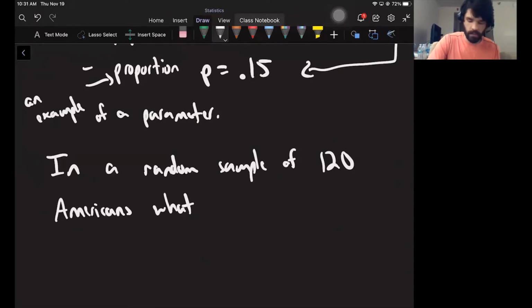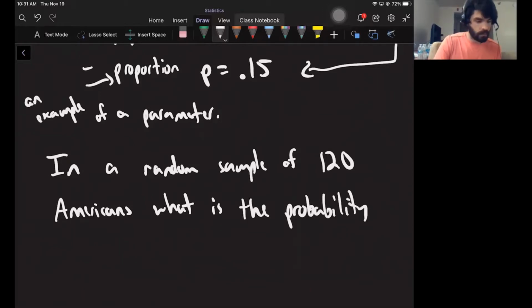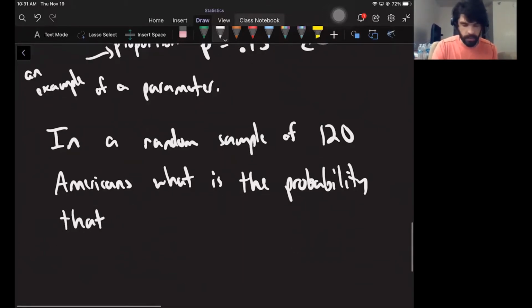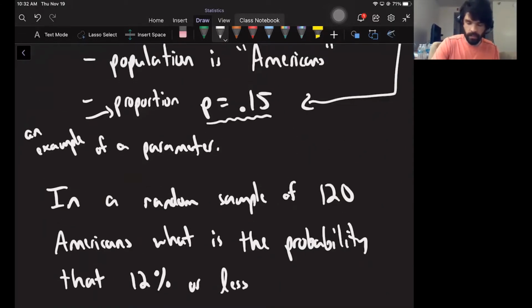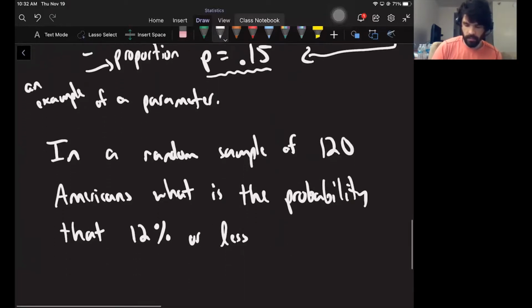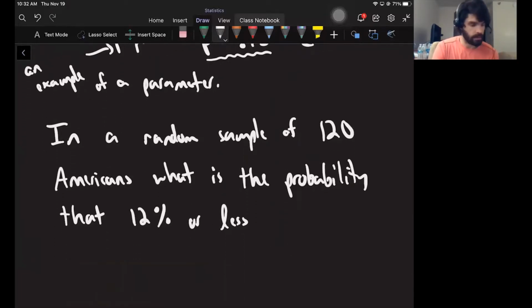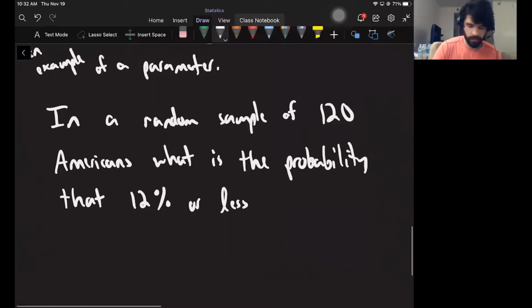So what is the probability that, now we're going to ask about a sample proportion, your proportion is 12% or less, given that the actual proportion is this. It's very similar to the previous problems where it was like, given that the mean is something, what was the probability that the sample mean was less than something or more than something. Very similar.